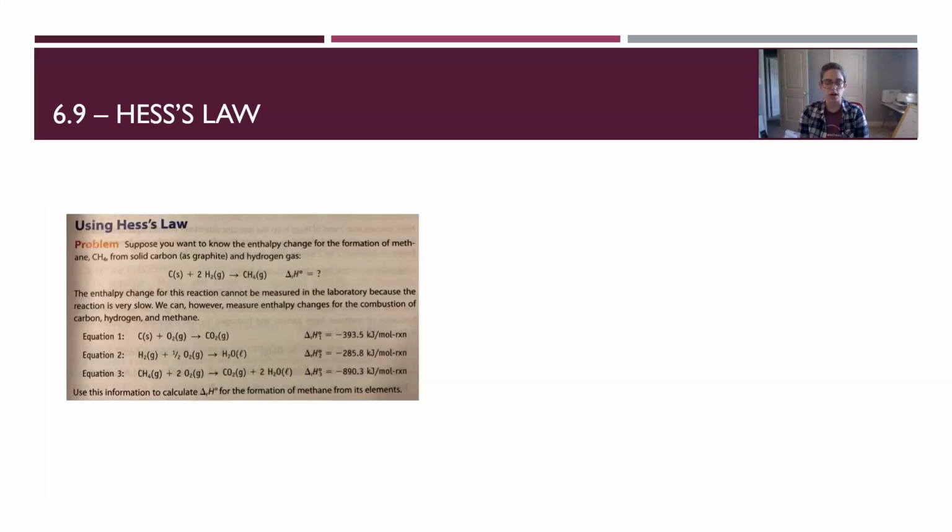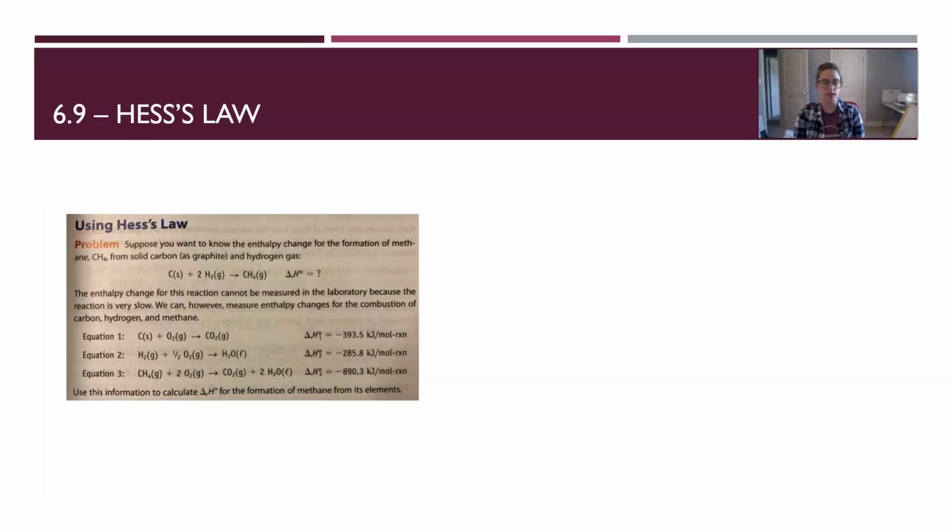So the way I always like to start is you need to compare your overall reaction to what your individual steps say. I need to keep my carbon as a reactant. I need to keep my hydrogen as a reactant, which means my first two equations can stay in that order because they have carbon and hydrogen as reactants. However, I need my methane as a product.